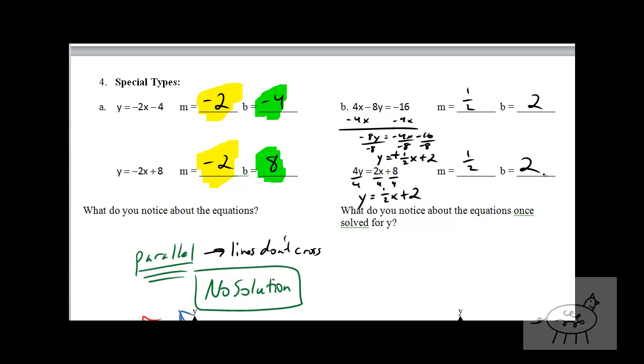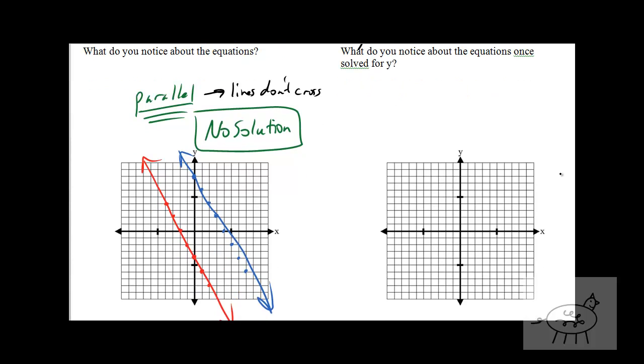What? Wait a second. If I graph y equals 1/2 x plus 2, I'm going to graph the first one up here at 2, and then the slope is 1/2, so up 1 over 2, up 1 over 2. Then if I plot the other one, well, what's going to happen?